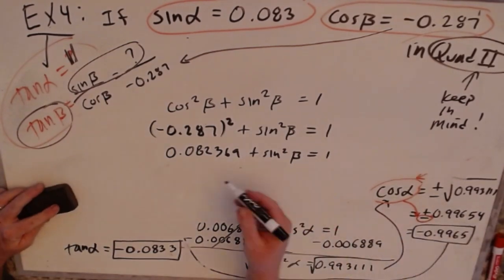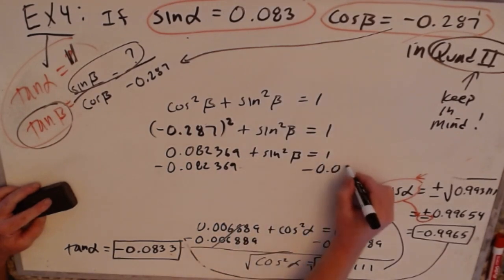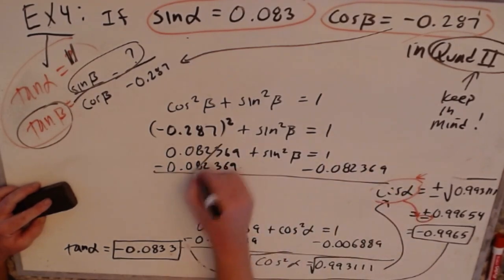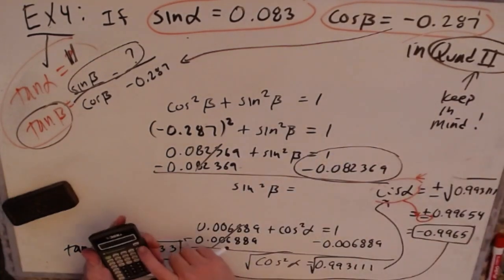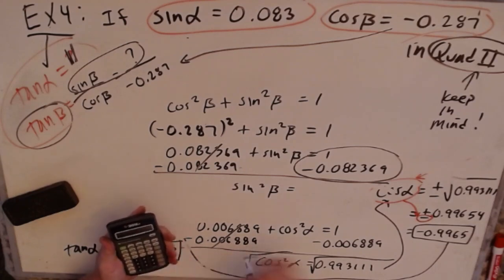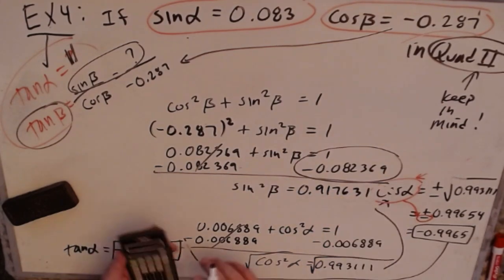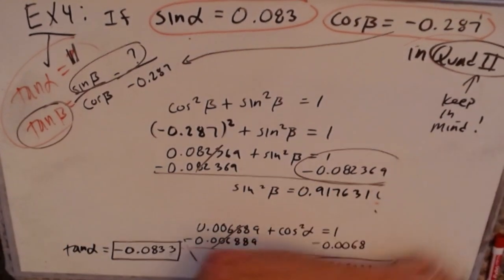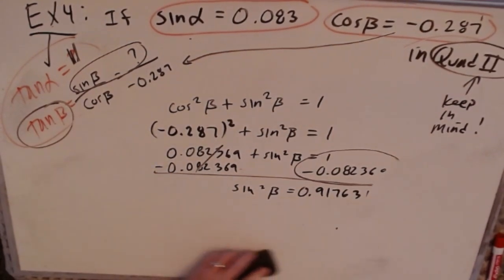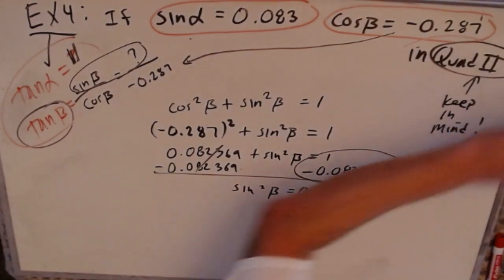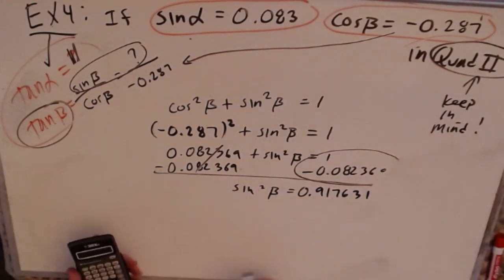It's the same steps we just did. You're going to subtract. So you get sine squared beta equals, just do that on your calculator. So you're going to get 0.917631. Now you're going to take the square root of both sides. Oh, shoot. Oh, no. I lost that number. Got a little carried away with my erasing.